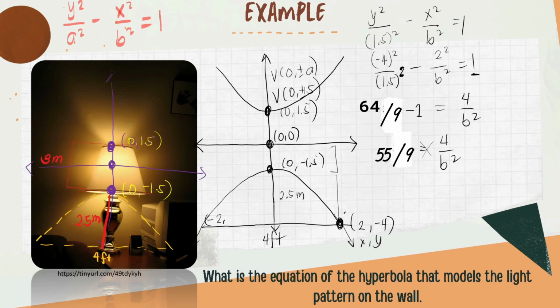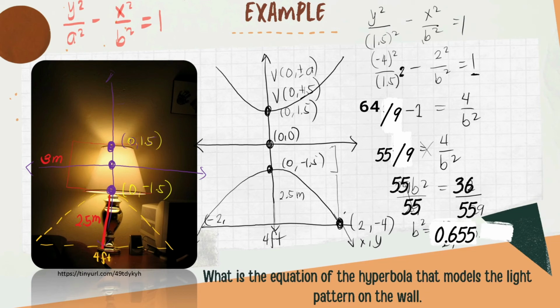So, cross multiplication. b squared is equal to, we divide both sides by 55, so b squared is equal to 0.655.